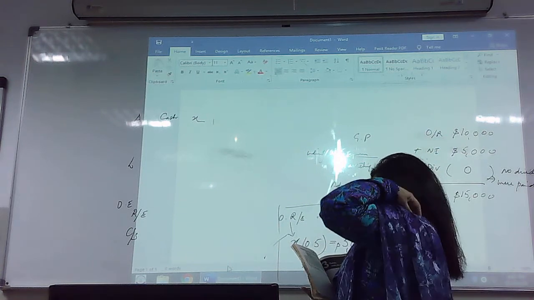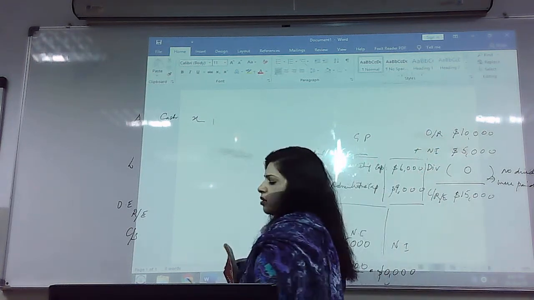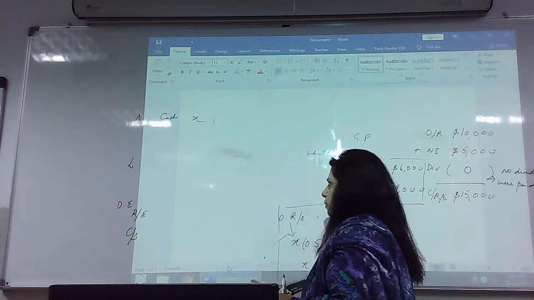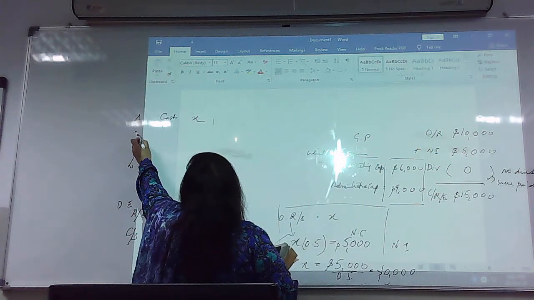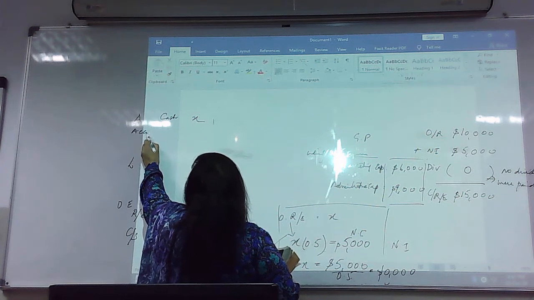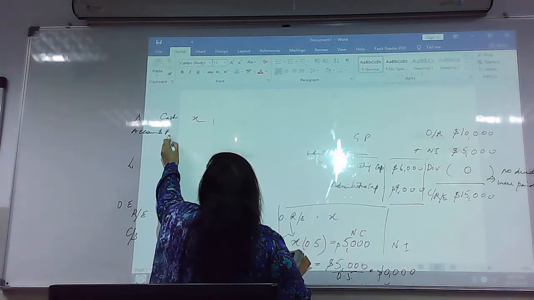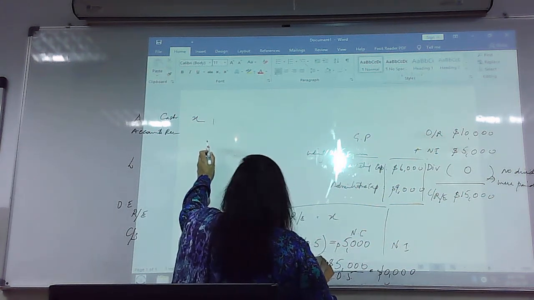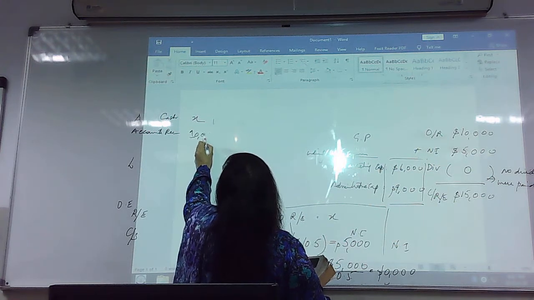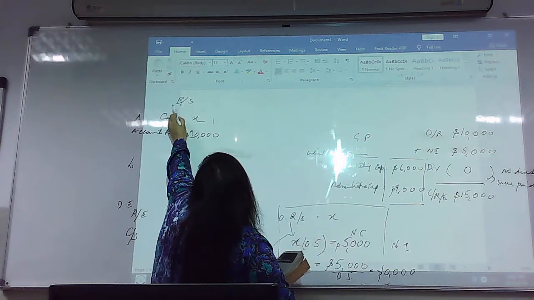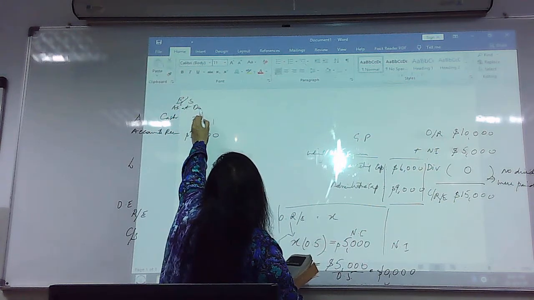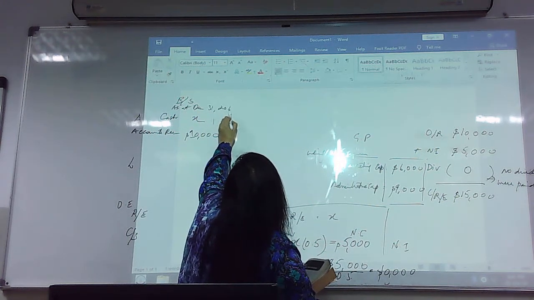Since they have not mentioned cash, that means we have to find it out. Accounts receivable was unchanged at $10,000. So this is the balance sheet as at December 31st, 2019.